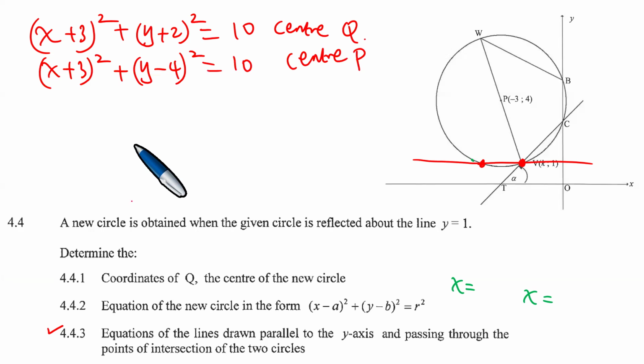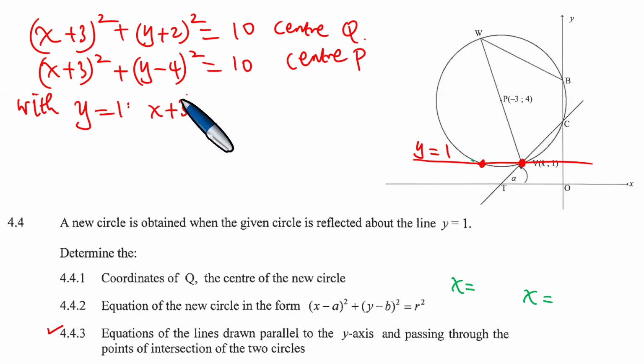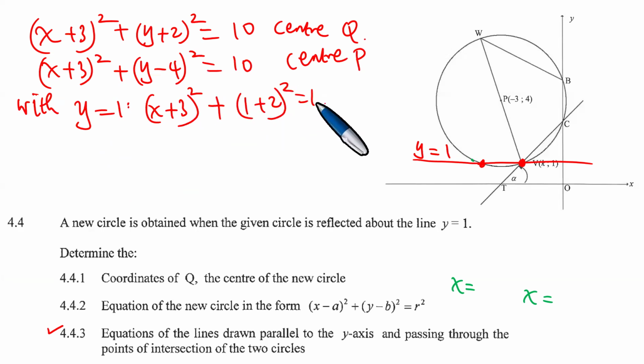But now you can use any one of these circles with y equals 1. So you're going to use x plus 3, you square, and then y equals 1, you add, equals 10. X plus 3 squared plus 1 plus 2 is 3. You square that, it's a 9. Equals 10.